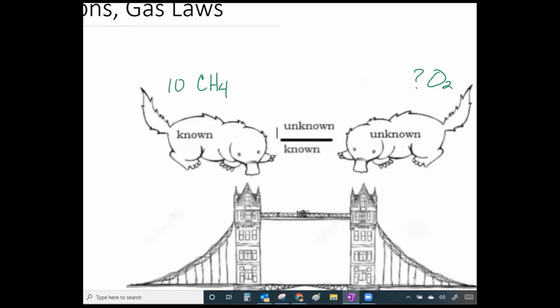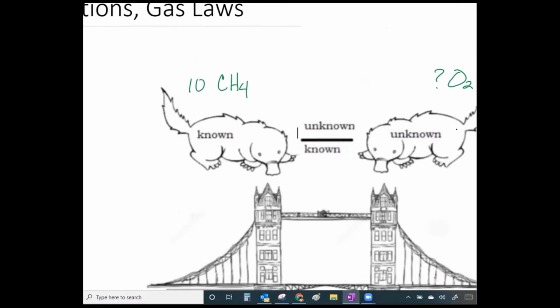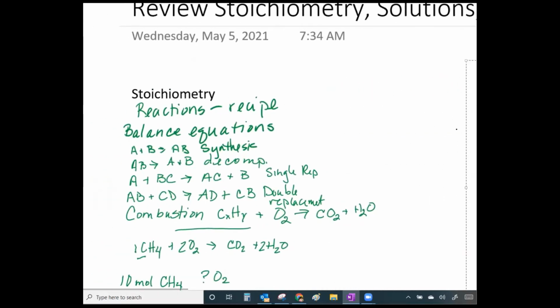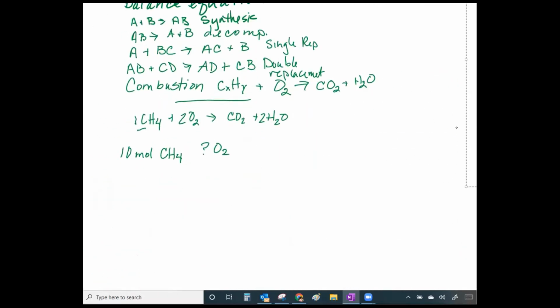Well, to me, this is quite simple because I've done this for a long time. But I know that 10 is to 1 as the unknown amount will be to 2. So I can set up a cross multiplication here.